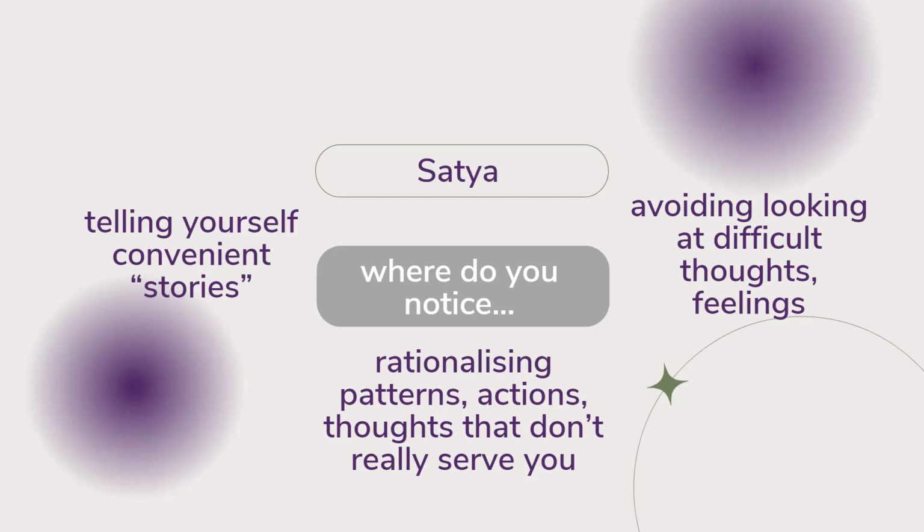So to give an example of rationalizing actions and not being completely truthful with ourselves, maybe you've committed to going out for a run once a week, and then the day comes when you'd usually run and it's raining and you're tired because you've had a long day at work, and you can't find your trainers, and it's going to be dinner time soon, and so on and so on.